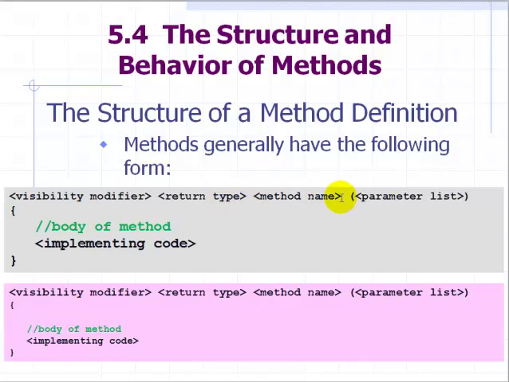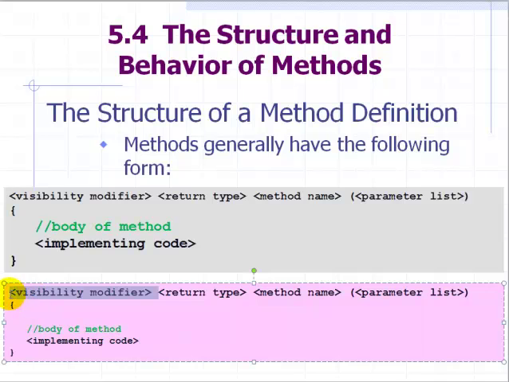The identifier should be descriptive on what the method is doing, and then what information do you have to give it. We'll call that the parameter list. You have the body of the method encased by open and closed curly braces, and we call that the implementation of the method. So an example down here, I'm just going to erase these as I discuss them.